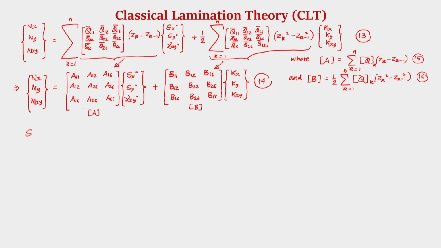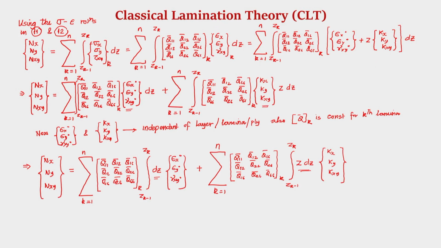Okay. Similarly, the moment resultant could be written as M x, M y, M x y is equal to sum over, that means this has come from equation number 10.